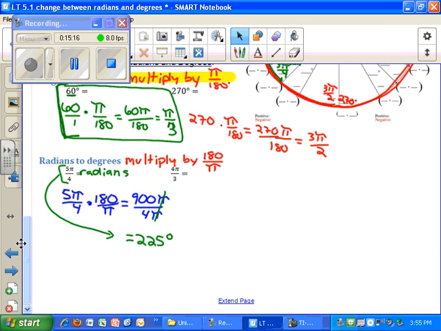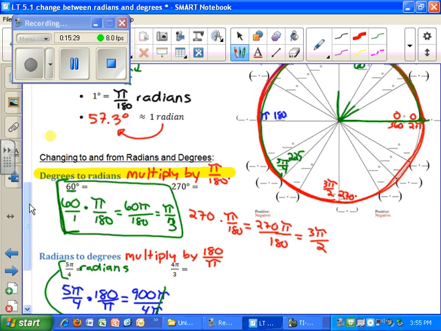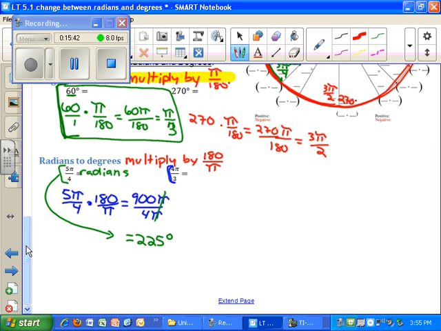Then we also want to figure out how many degrees is in 4 pi over 3. And some other strategies that you'll develop is you can look at that and see that that is more than pi. So on that unit circle, pi was exactly 180 degrees. So we know that 4 pi over 3 is going to have to be something more than 180 degrees. So again, we can use that conversion rule. We're going to take 4 pi over 3 and multiply it by this 180 over pi.